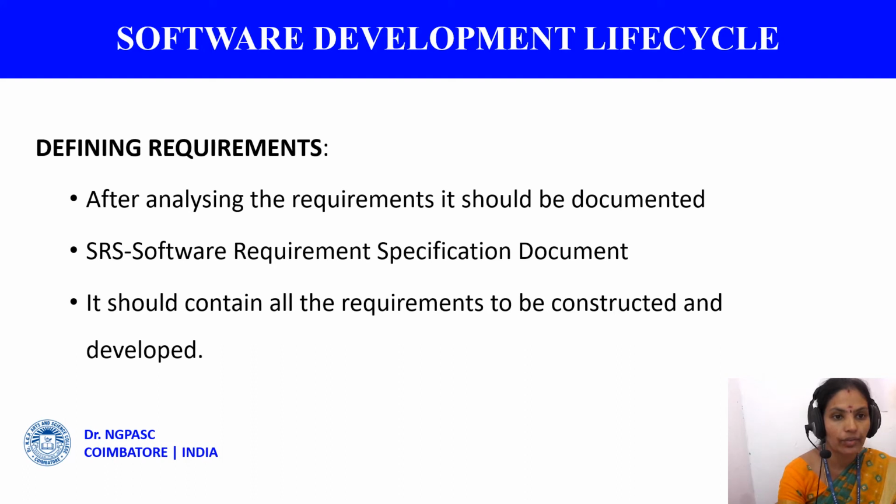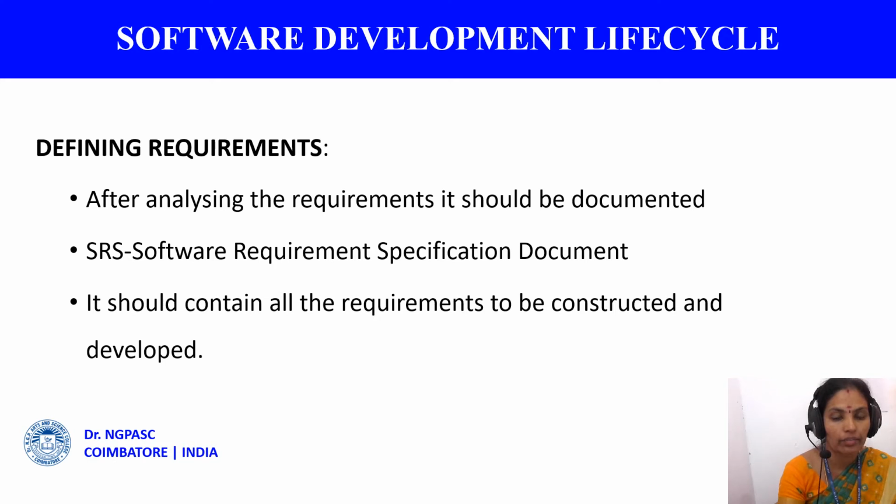Second phase, defining requirements. We must define what requirements are needed by the end user. That is, after analyzing the requirements, they should be documented. So whatever requirements are given by the end user, we must document all those things for the software development. We call that documentation in the SDLC model the SRS, that is software requirement specification document.